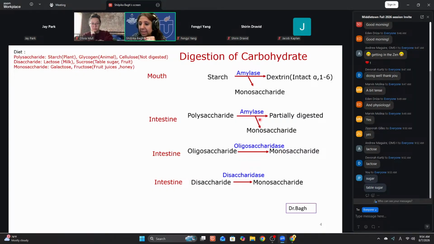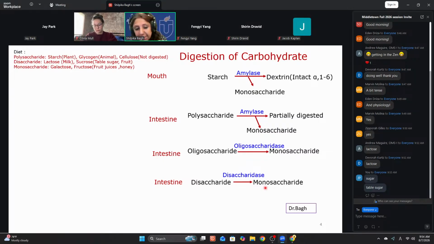Salivary and pancreatic amylase are not responsible for complete digestion. Where is complete digestion of carbs? In the small intestine, that releases monosaccharide, because this is the only absorbable form. Why is monosaccharide the only absorbable form, unlike other macronutrients?